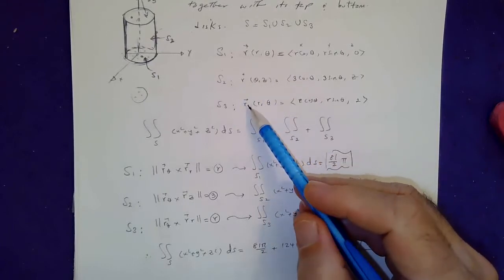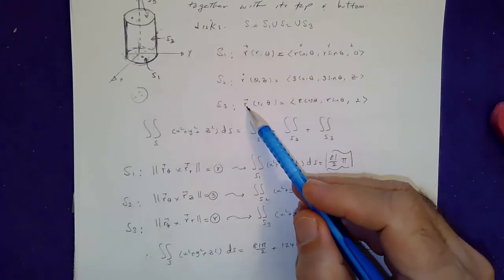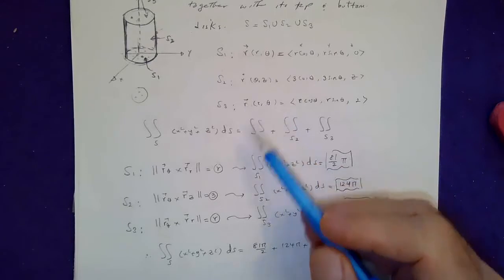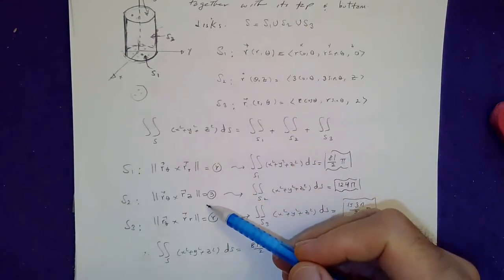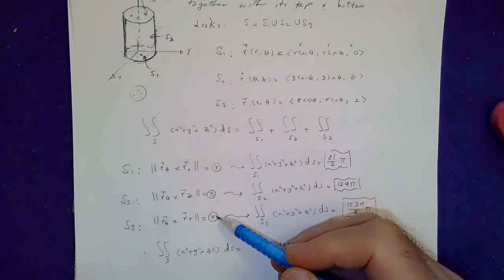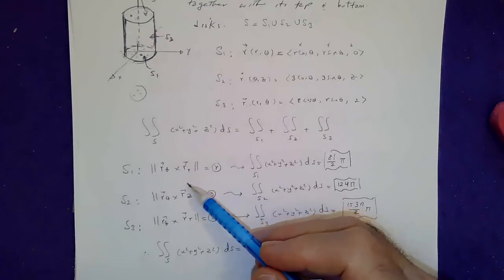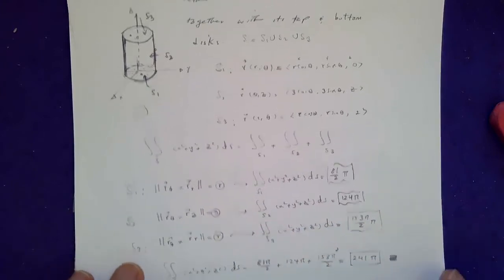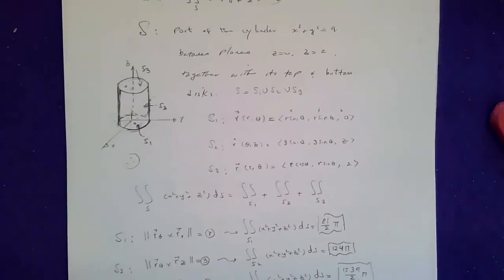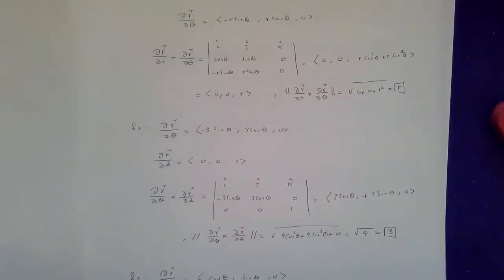Here, the partial derivative of r with respect to r cross the partial derivative of r with respect to theta. So I have to find all this. And it turns out when you do, you get r, 3, and r as the magnitudes of those cross products. However, just to give you an idea how I got those, here they are.